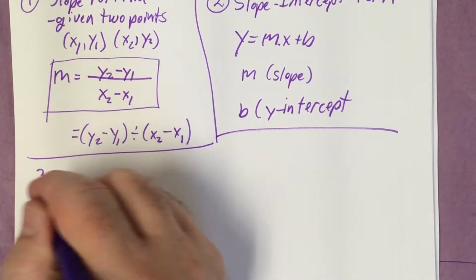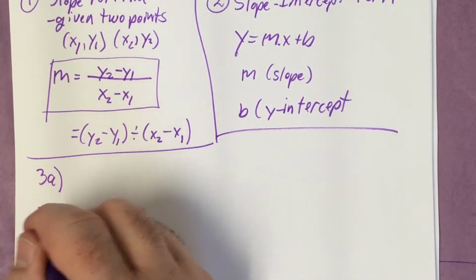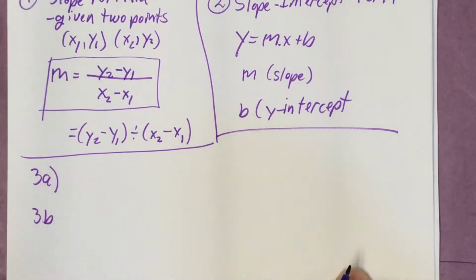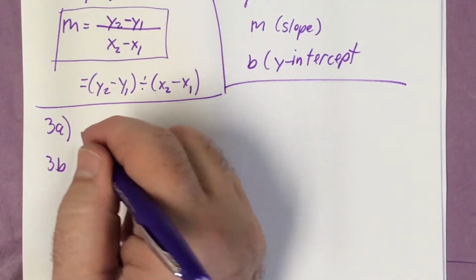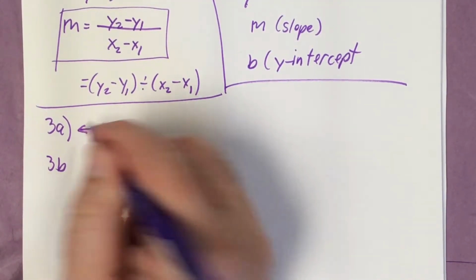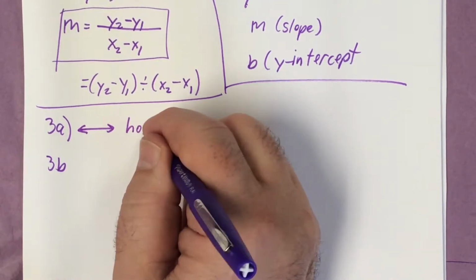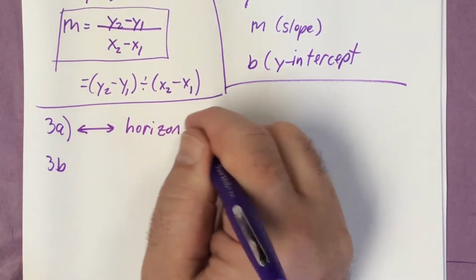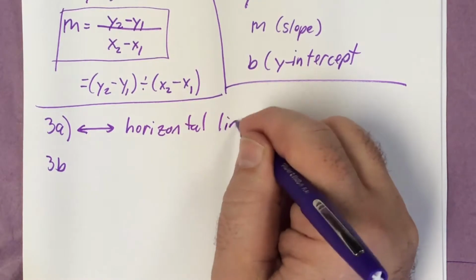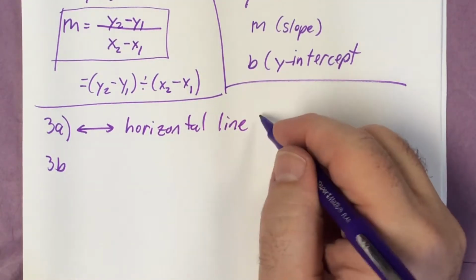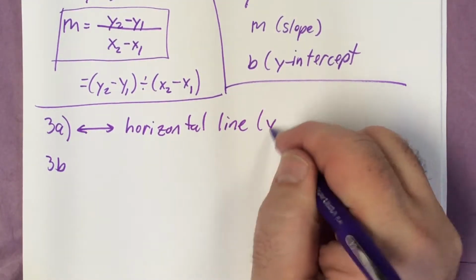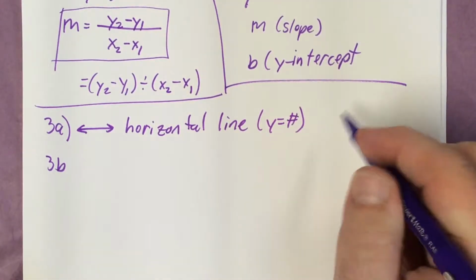So we're going to have 3a and then it'll be 3b. So if we have a horizontal line, so we have something that looks like this. Okay, remember this is a horizontal line. That's usually going to be in the form of y equals some number.